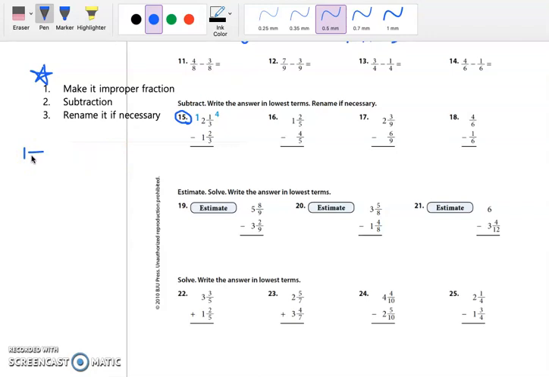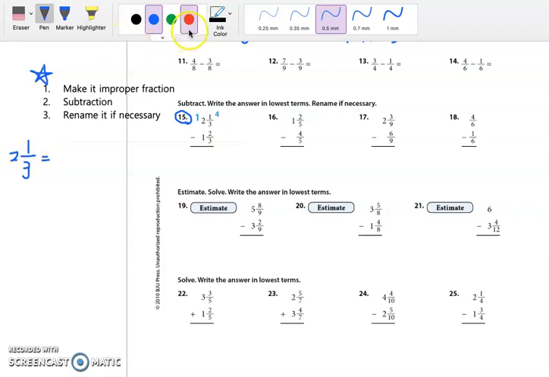So here is what I'm going to do. Originally my first fraction was 2 and 1/3. This is a mixed fraction and it's in lowest term. However, I'm going to change it because I want a heavier numerator.